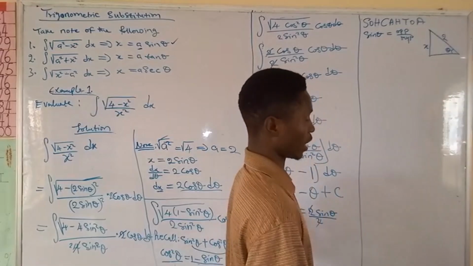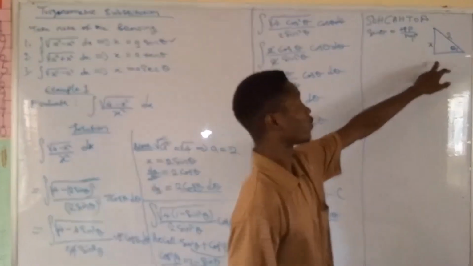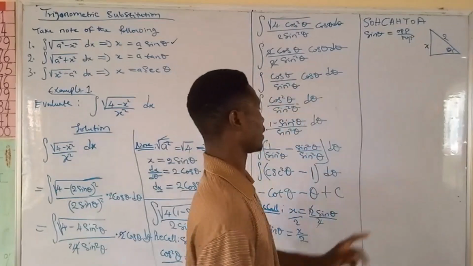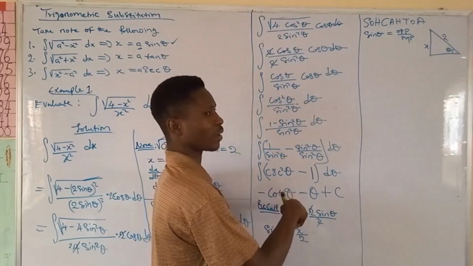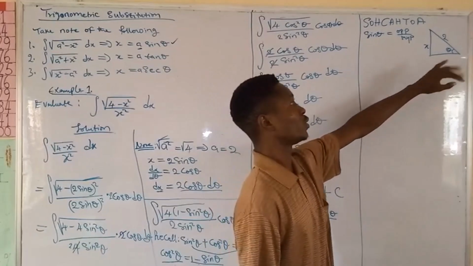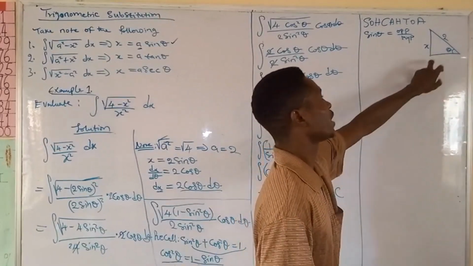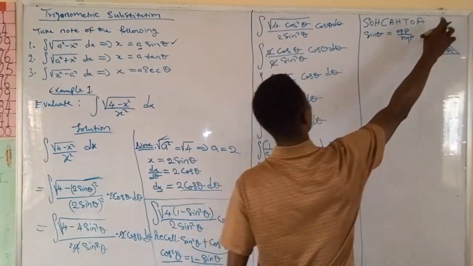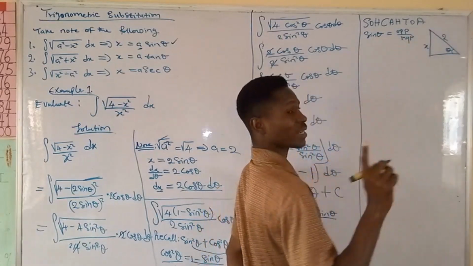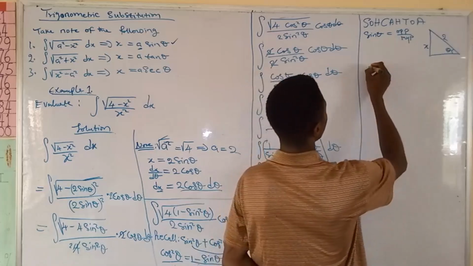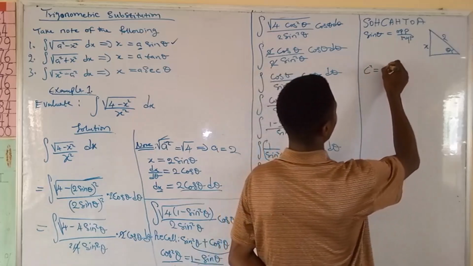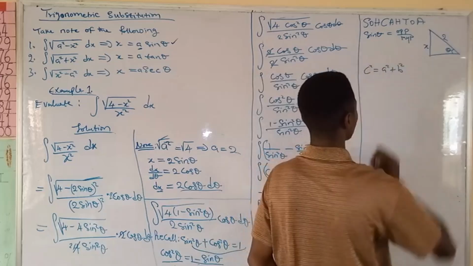Now, what am I even trying to do in the first place? I'm trying to look for an identity in such a way that will get cos theta. So sine has nothing to do with theta. So we need this to get tan. So how do we get tan? Since we have these two, we know that by Pythagoras theorem that c squared is equal to a squared plus what? B squared.